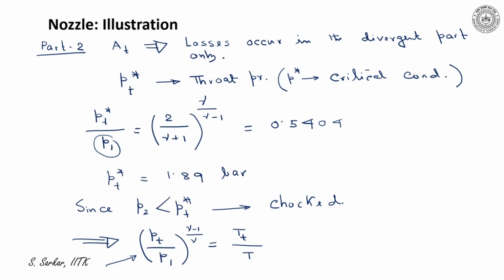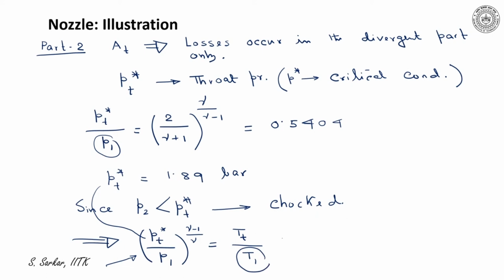Now I have calculated PT star. This can be put as star. I know the value of P1. I know gamma. I know T1. So everything is known.